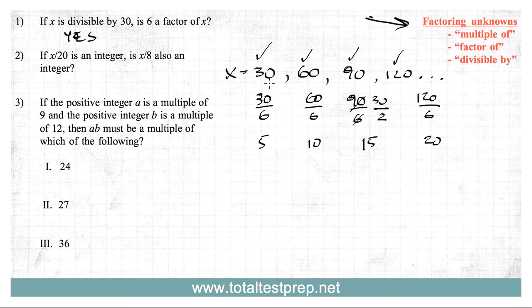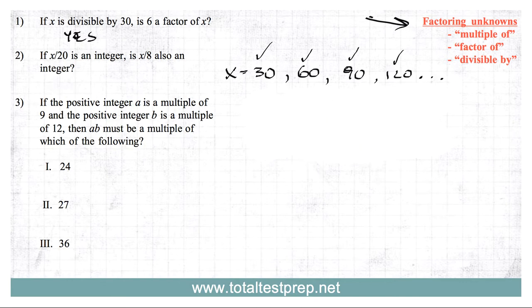Well, the thing to recognize here is that, here, let me actually erase this. When you have multiples of 30, what you have is 30 multiplied by something. So here we have 30 times 1. 60 is 30 multiplied by 2. 90 is 30 multiplied by 3. 120 is 30 multiplied by 4, and so on.